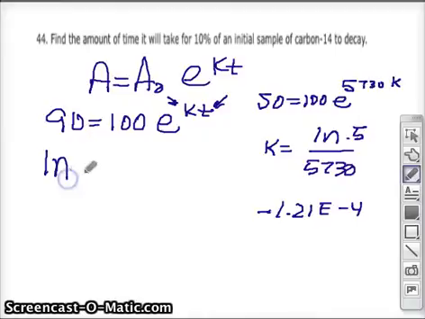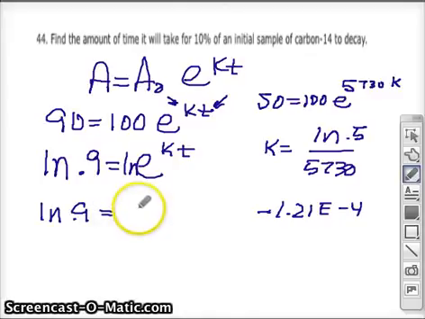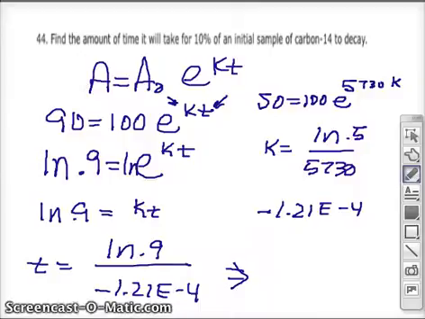The ln of 0.9 is equal to the ln of e to the kt, so that's the ln of 0.9 is equal to kt. So t is equal to the ln of 0.9 over k, which is negative 1.21 e to the negative 4. Let's see what that gives us. Ln of 0.9 divided by negative 1.21 e to the negative 4.